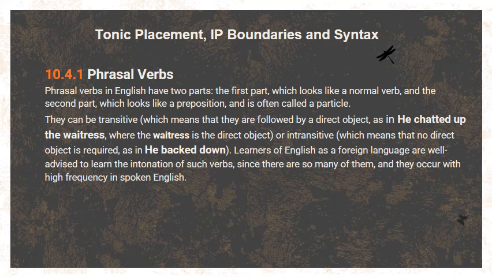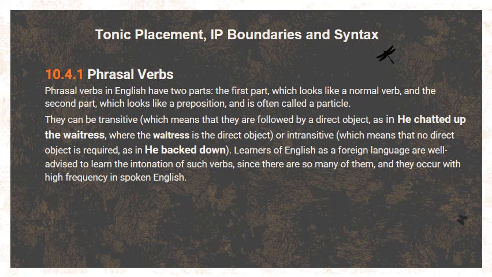Phrasal verbs. Phrasal verbs in English have two parts. The first part looks like a normal verb, and the second part looks like a preposition and is often called a particle.